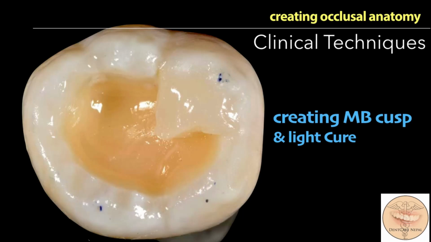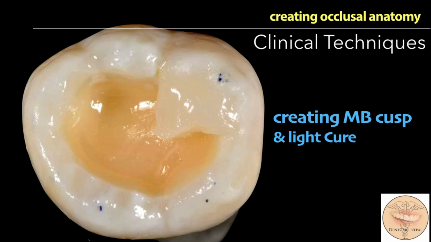In the mandibular molar you have 5 cusps. The biggest one is the mesiobuccal, then you have the mesiolingual, then the distolingual, then the distobuccal, and then the distal. The easiest cusp to model is the mesiobuccal one. Keeping the anatomical landmarks in mind, you take an increment of composite, place it along the cusp and model it with your spatula.